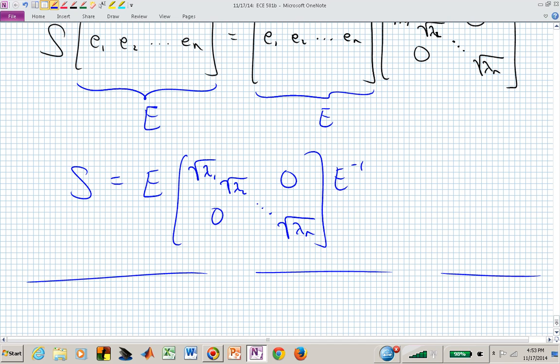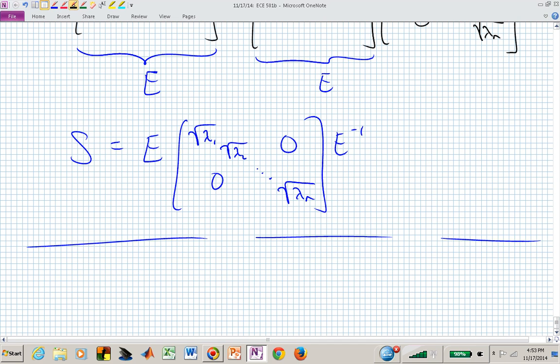If I look at that, I can also make the following. I know that S E sub j, by definition of S, was this square root of lambda sub j e to the j. If I now hit that on the left with S again, I now have S times S e to the j, which is really S squared e to the j.